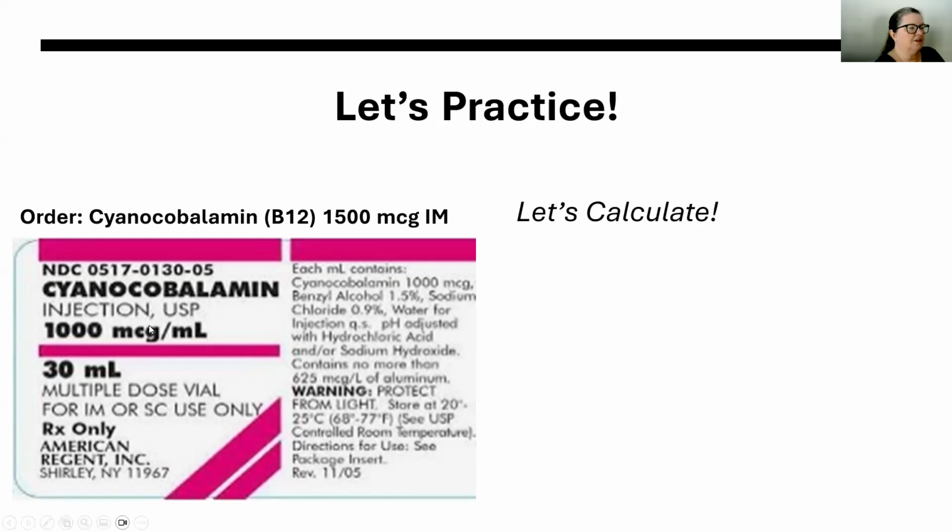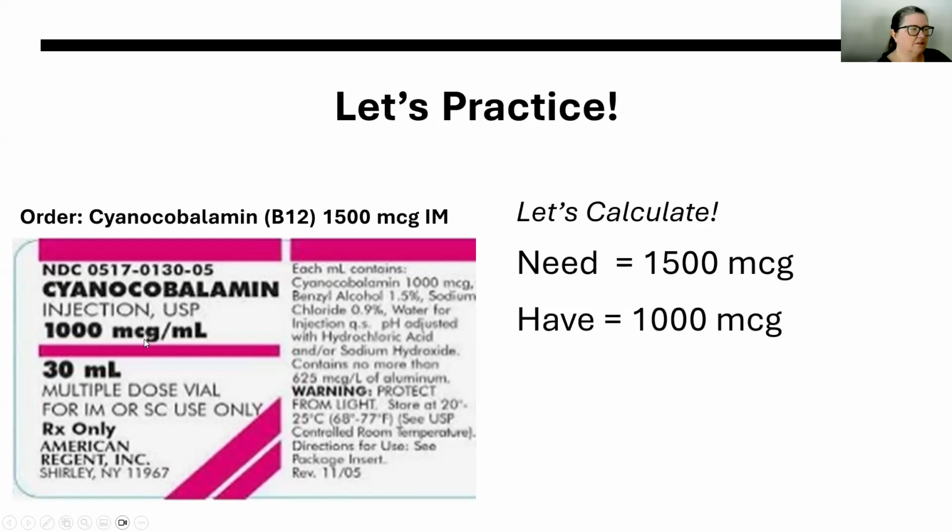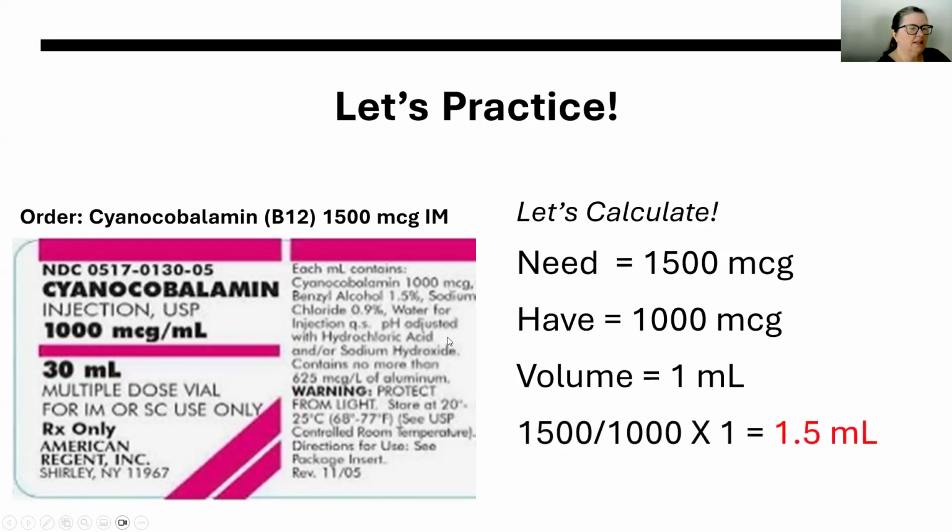So this is your have. This is your volume. Here is your order. That's your need. So basically what you're doing at this point is you are taking your need, 1,500 micrograms, because that's what the doctor ordered, your have, which is this 1,000 micrograms that's on the label, your volume, which only says mL, which means 1 mL, and you're plugging it into that formula, doing the math, and you get this answer.